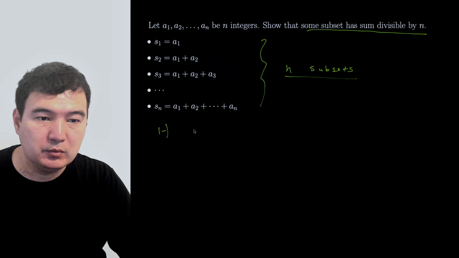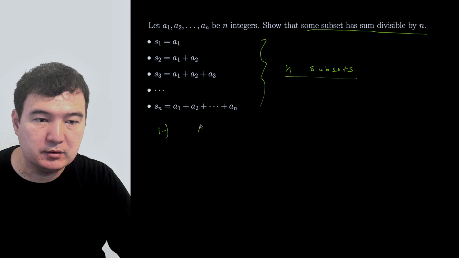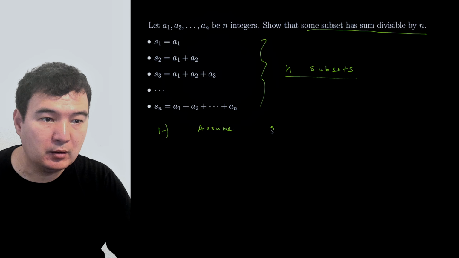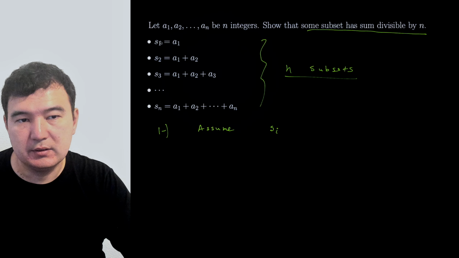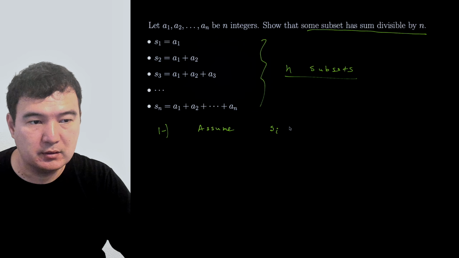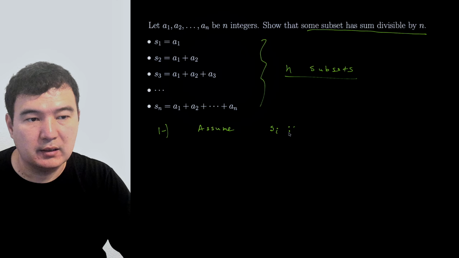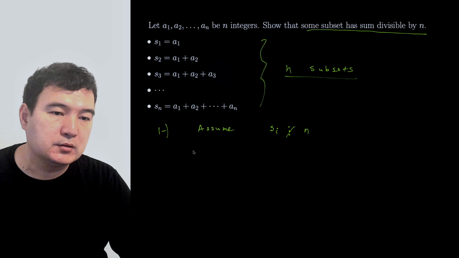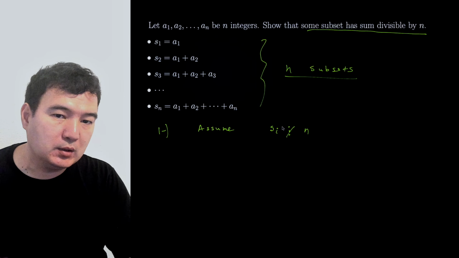What we are going to do is assume that all these sums Si are not divisible by n, any of them. It means each will have some remainder.